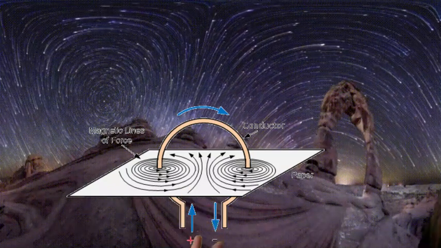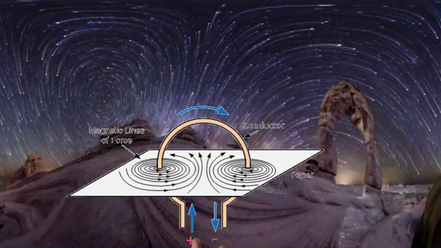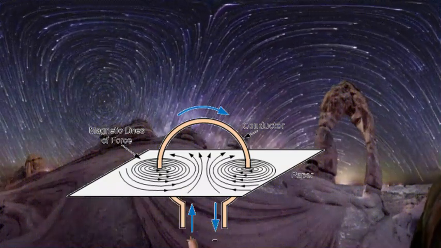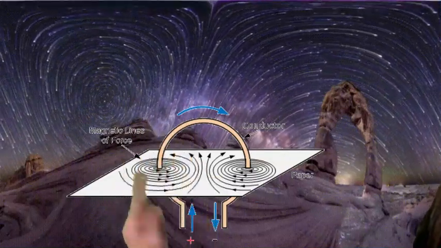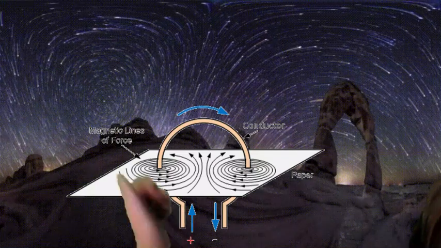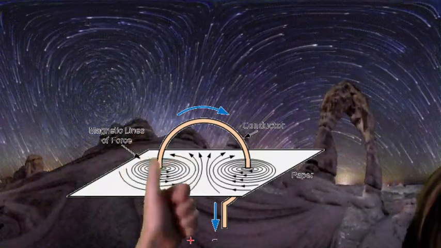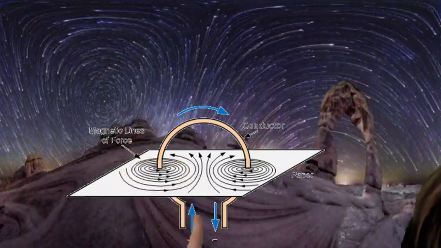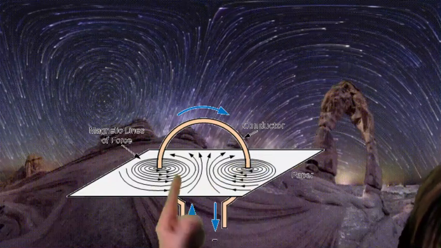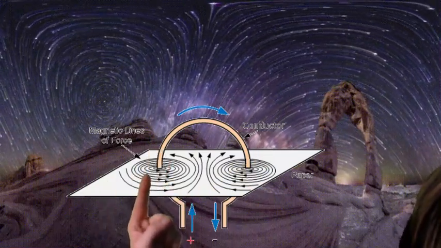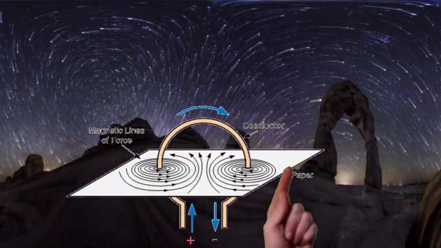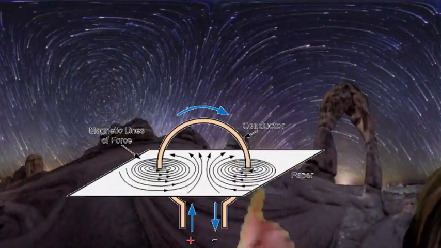So if you look at how current runs through a wire, if you take the positive pole and you come up through, it'll always go off of the right-hand rule of thumb, as if the current's going through the wire. If you grab the thumb as it goes through, it'll always be counterclockwise on the positive pole, and clockwise on the negative pole.